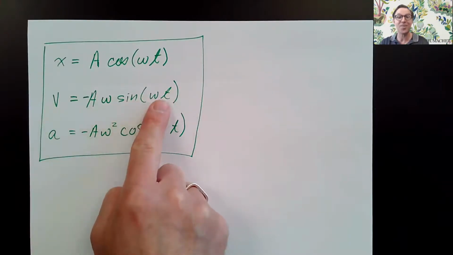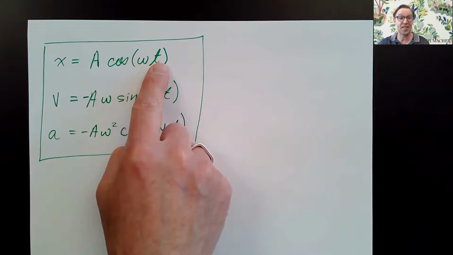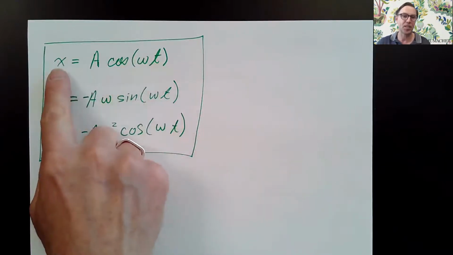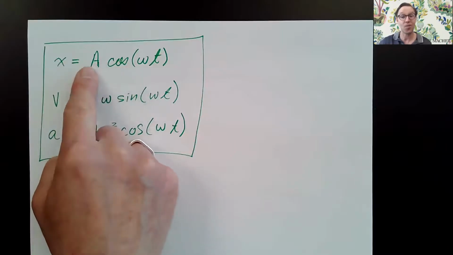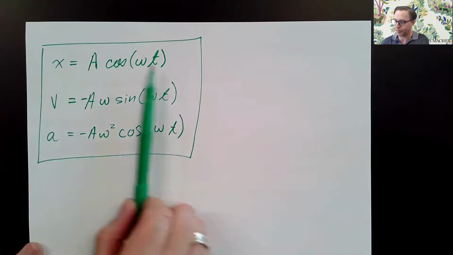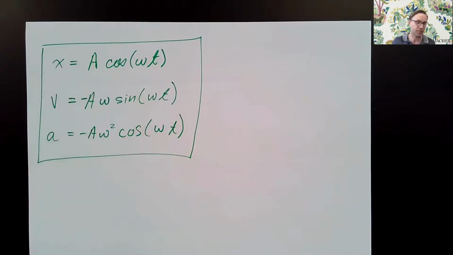What's the sine of 0? 0. t equals 0. What's omega times 0? 0. What's the cosine of 0? 1. So my original position is 1 times A, or just A. Yay. So it all makes sense, thinking about this mathematically.